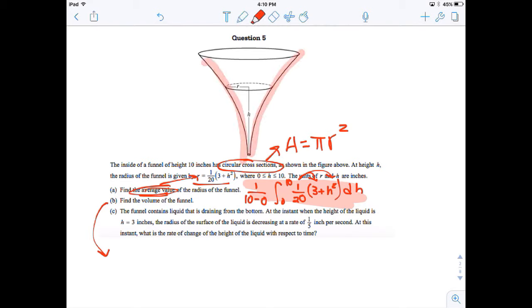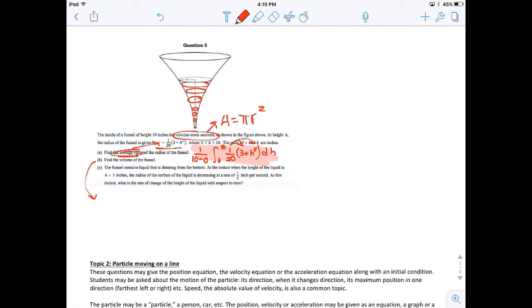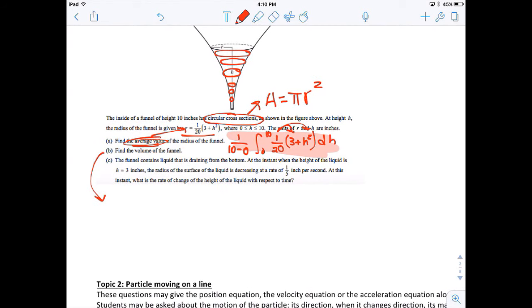So what you needed to think about here was that this was really something with cross sections that were all circles. And if I accumulated all of those cross sections up, it would give me the volume. So really what I'm doing is knowing that volume is the accumulation of area, right? If you know that, then you're good here.